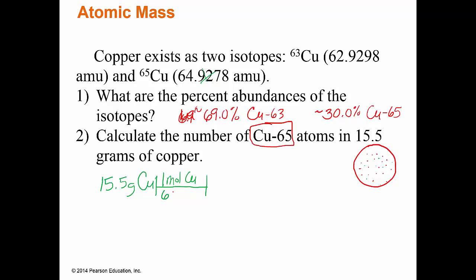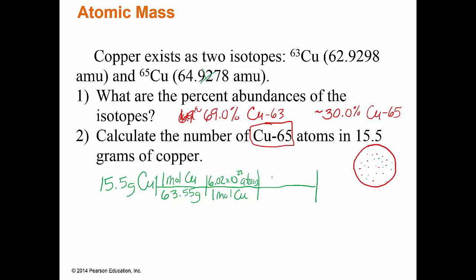So from the periodic table, 63.55 grams. I know that that's pure copper. And then I can say, well, I know that for every mole of copper, there's going to be 6.02 times 10 to the 23rd atoms. Now this is where we're going to say, but I know that only 30% of those atoms are actually copper 65.